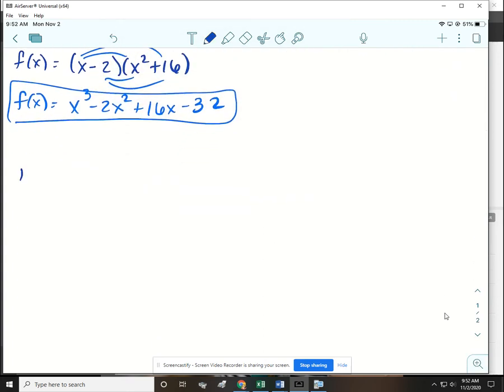Okay, so let's look at another one. For b, our zeros are negative 3 and 5 plus 2i. All right, so don't forget that imaginary zeros come in conjugate pairs. So if 5 plus 2i is a 0, 5 minus 2i is also a 0.